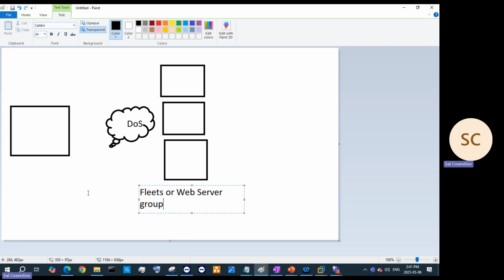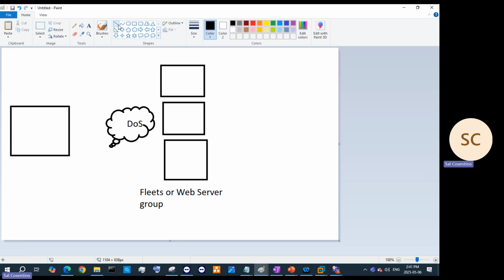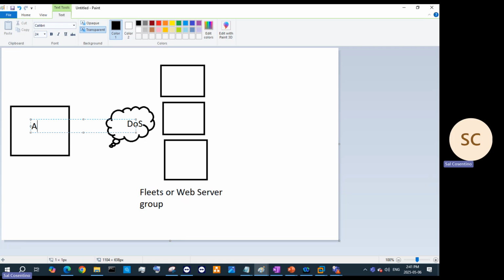So this fleet or web server group distributes or transmits lesser amounts of traffic, right? If we're looking at our drawing board, this could be an attacker within a system, within a server. This attacker could have a huge machine. It could have a lot of resources. It can handle more requests than what we can.